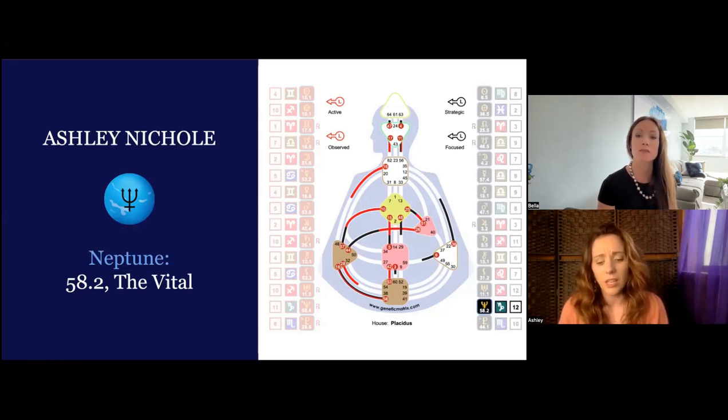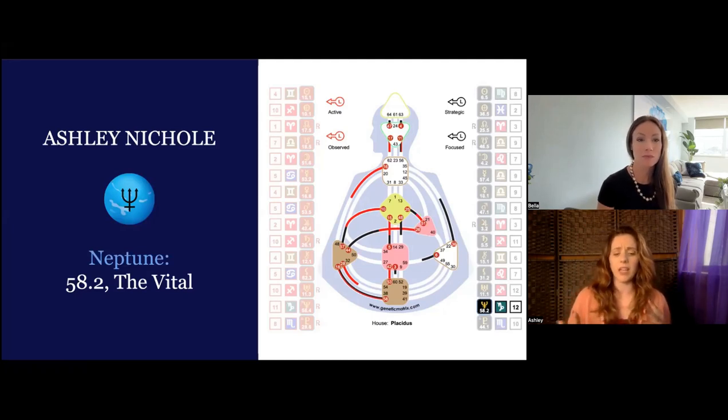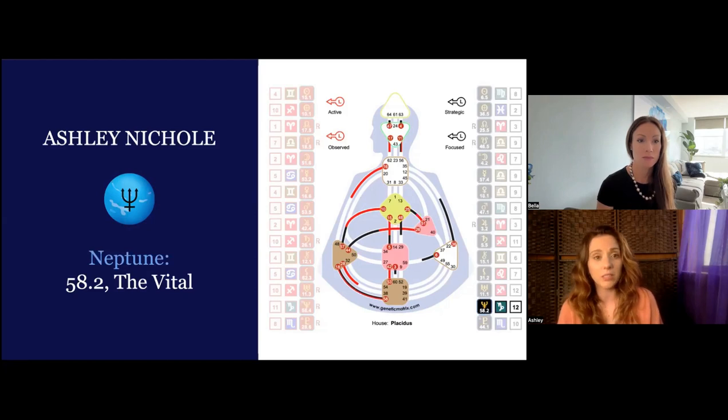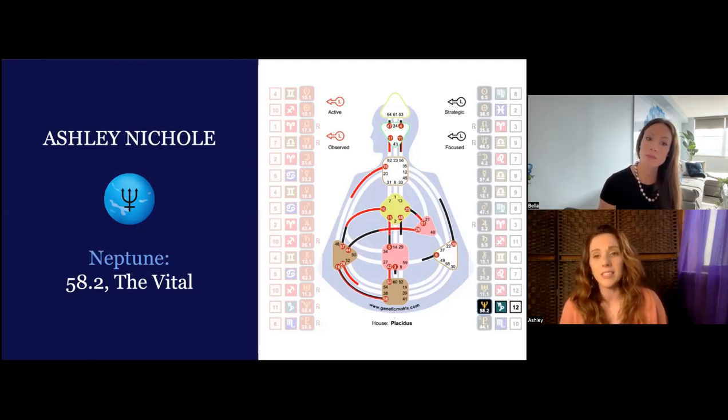And so does it need to be corrected? Is anything wrong? Am I deluded, or is there delusion in my feeling of, oh, this isn't really going well, or I'm dissatisfied, or what kind of judgments am I making? And I think that with it being in the 12th house, it's very far out there. And so it may not even be touching or impacting the physical, but because I'm experiencing it, it's impacting me.